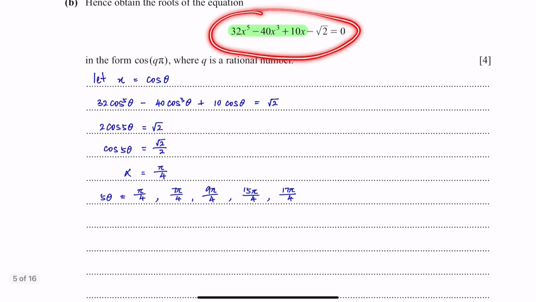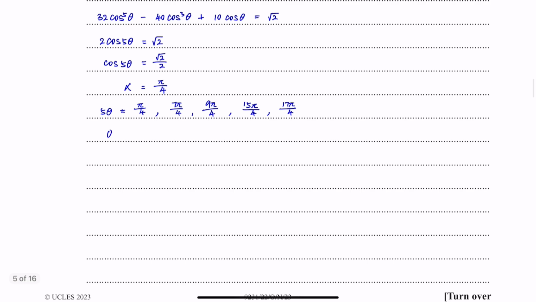This equation will only have 5 roots. So now we can write theta as pi over 20, 7 pi over 20, 9 pi over 20, 15 pi over 20, and 17 pi over 20.